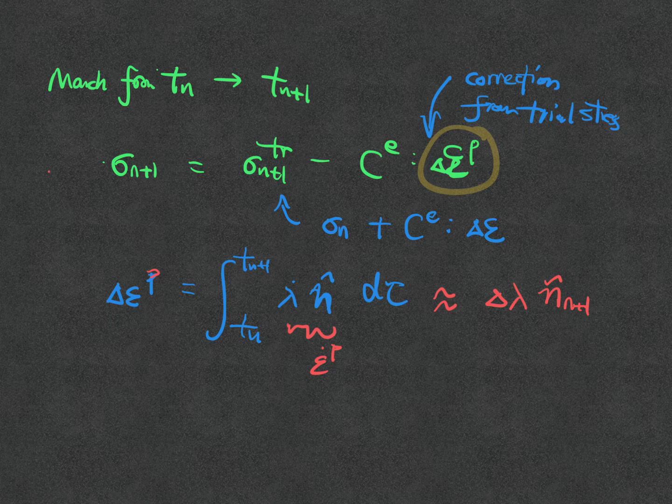Between time tn and time tn plus 1 it may change, but I'll just take the n plus 1. I'm assuming that it doesn't change, and I accept that there's an error. This is called backward difference.